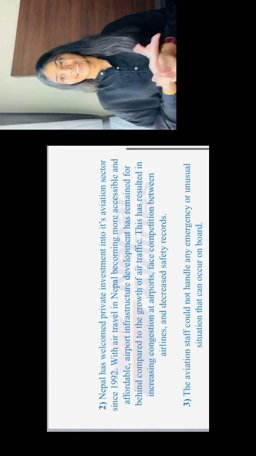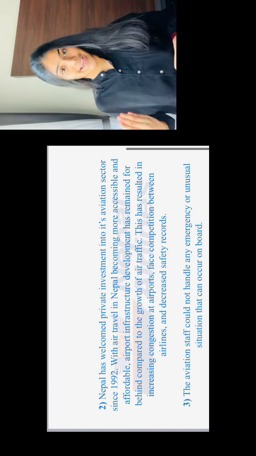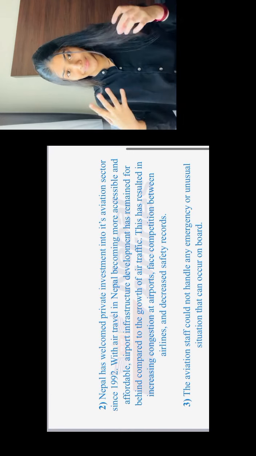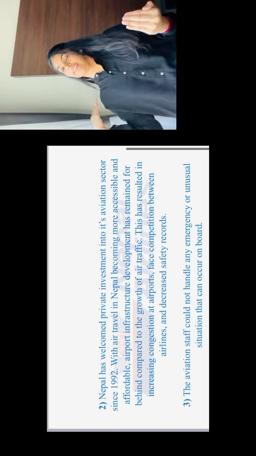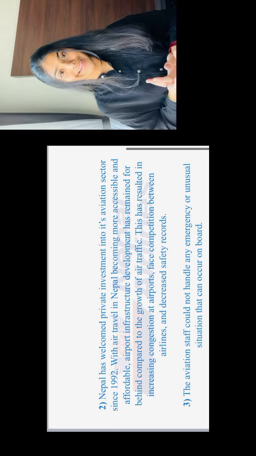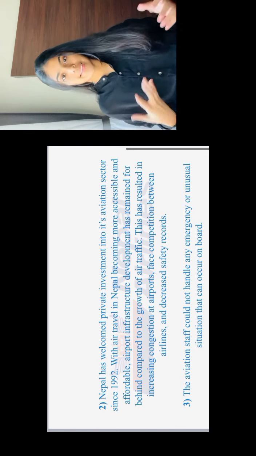This is the second risk. As I mentioned earlier, the hazard is that Nepal Airlines flies aircraft that don't have updated navigation aids. Not all the aircraft flying at Nepal Airlines lack updated navigation aids, just a few of them.